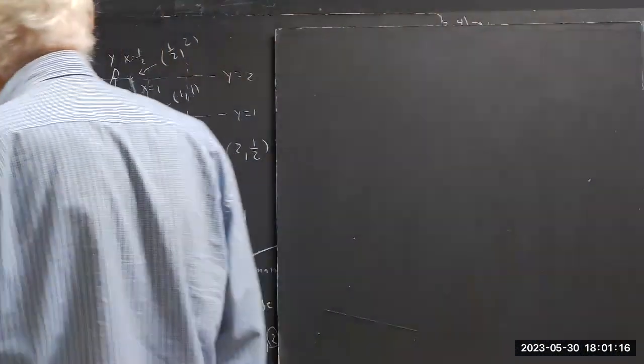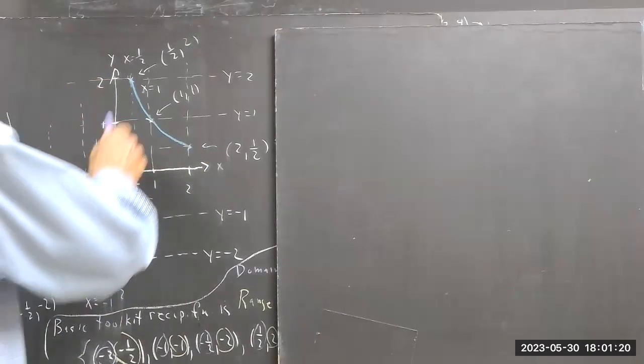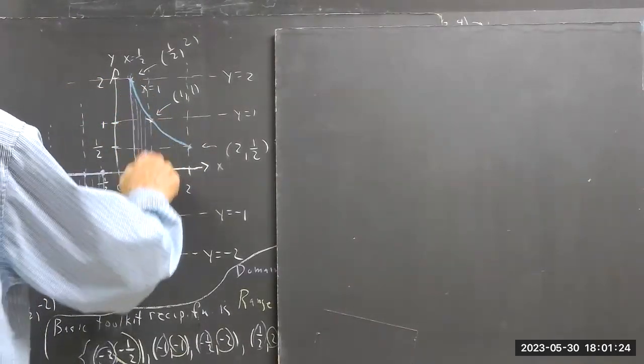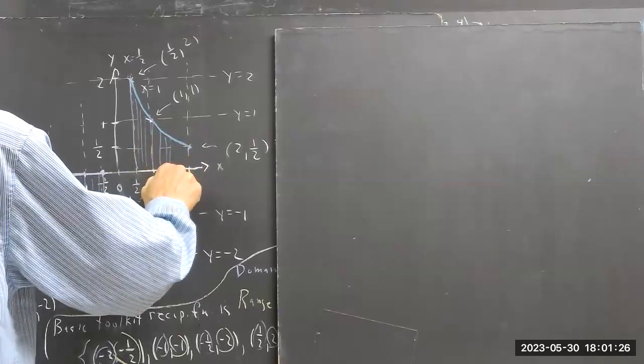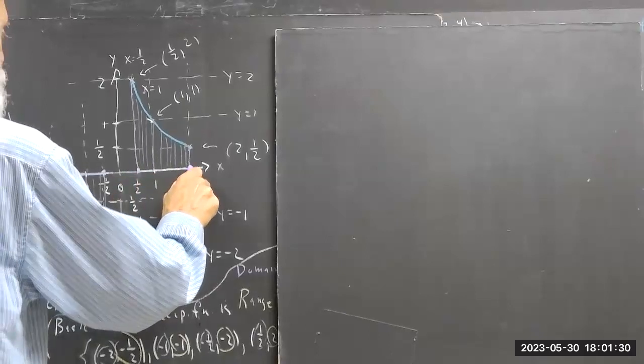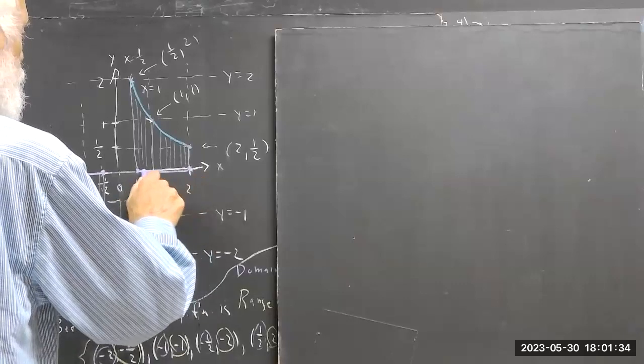Now, that's not all, because we have this other branch of the curve. And we draw vertical lines down to the x-axis to indicate the x coordinates of those points, and you see that they go from 1/2 to 2.